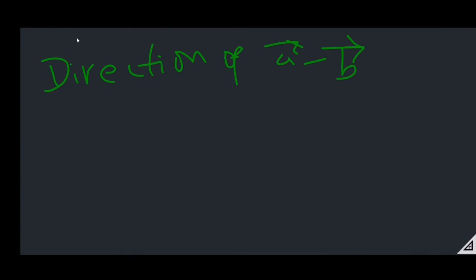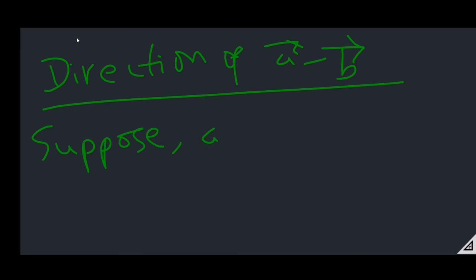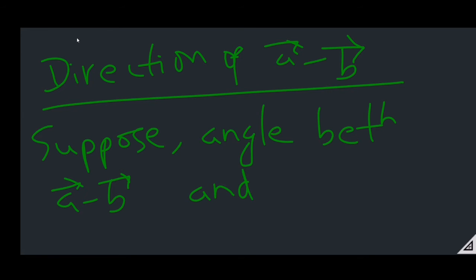Suppose the angle between a vector minus b vector and a vector is alpha.